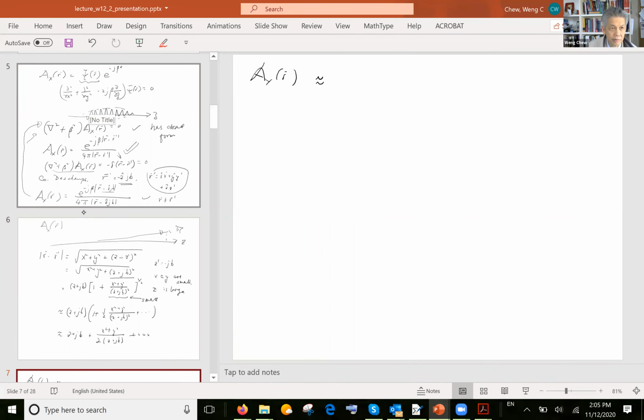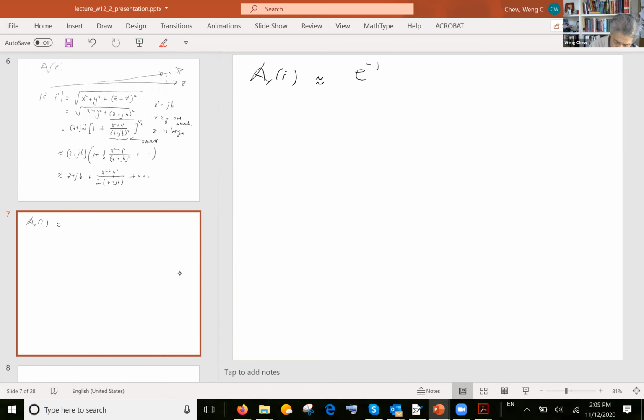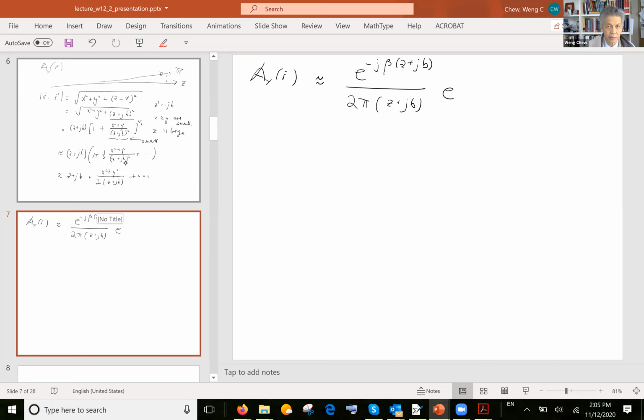I will get something that looks like e to the minus j beta (z plus jb) over 2 pi (z plus jb), and then keep the phase term because this phase term is important.